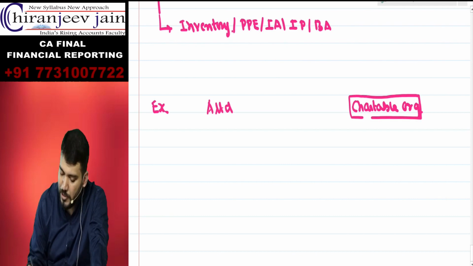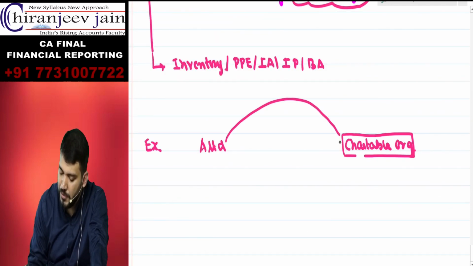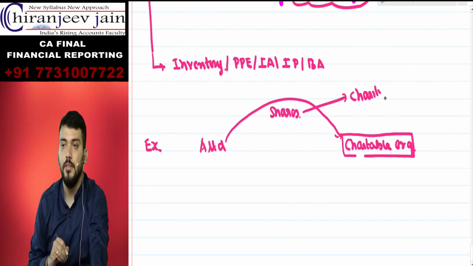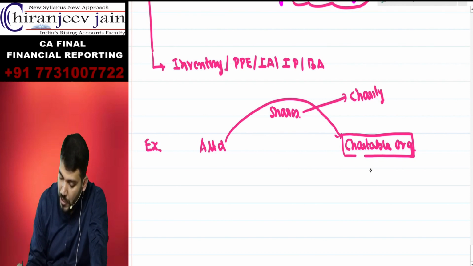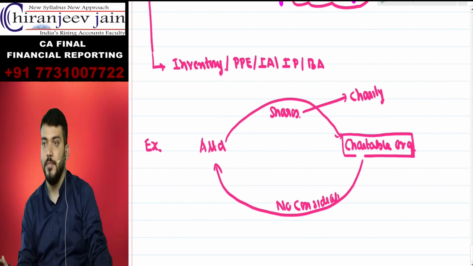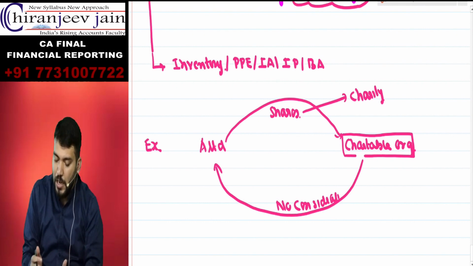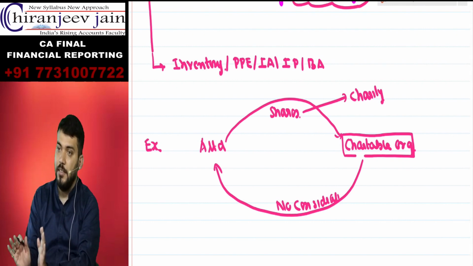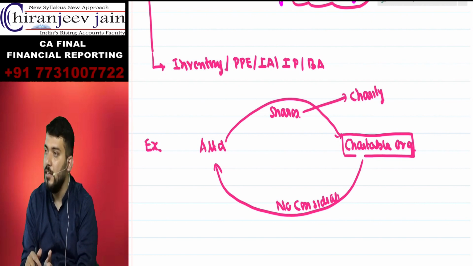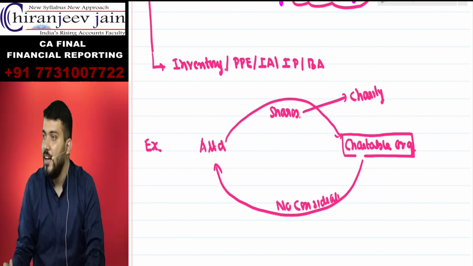And A Limited has allotted some shares in charity, without any consideration. So of course the charitable organization is not a shareholder. So here it is an agreement between the entity and another party, a non-employee, in which A Limited has issued equity shares.